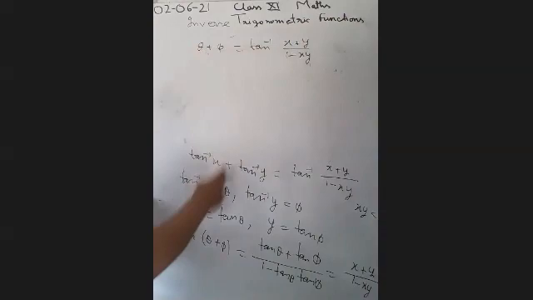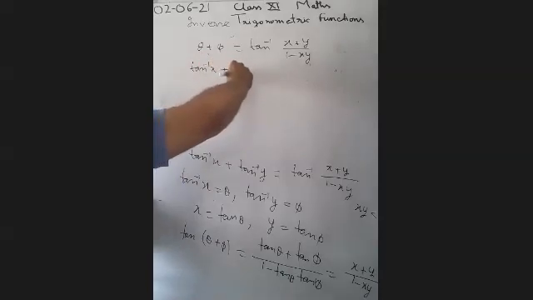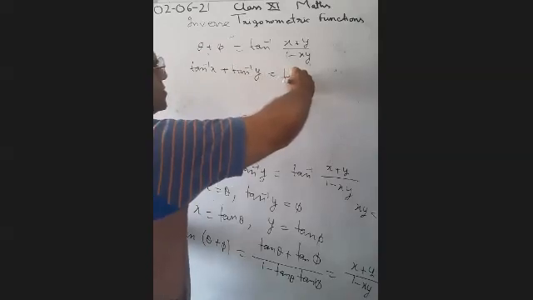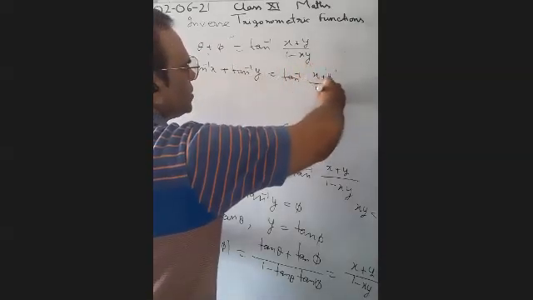In place of theta we can put tan inverse x, in place of phi, tan inverse y, equal to tan inverse of (x plus y) upon (1 minus xy).